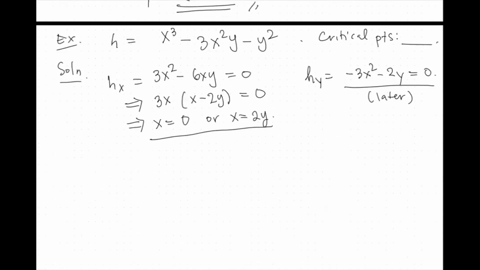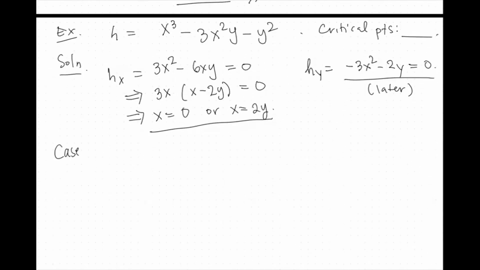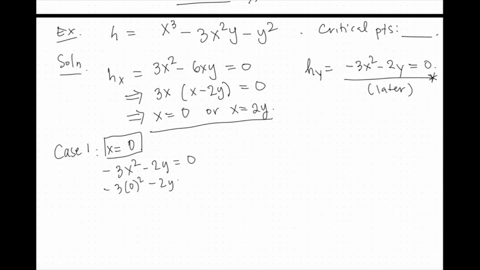So first, we will have case 1, which is x is equal to 0. When x is equal to 0, what can you say? We use this equation here: negative 3x squared minus 2y is equal to 0. So we get negative 2y minus 3 times 0 squared is equal to 0.